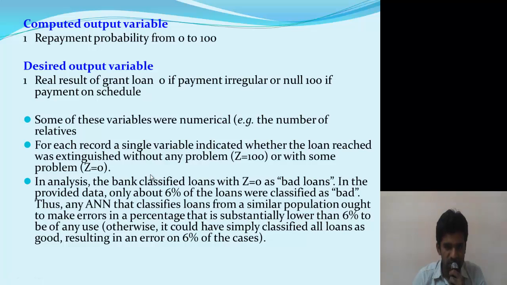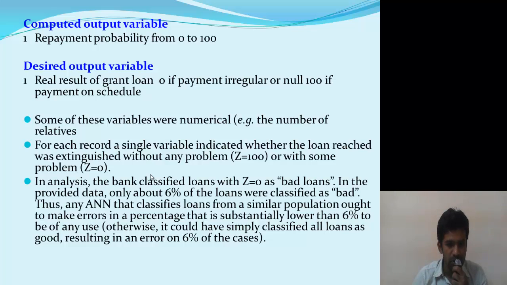Computed output variable: repayment probability from 0 to 100. Desired output variable: real result of the granted loan, 0 if payment is irregular or null, 100 if payment is on schedule. Some of these variables were numerical, for example, the number of relatives.